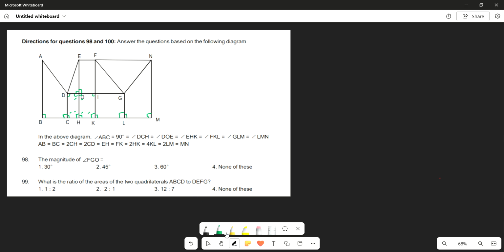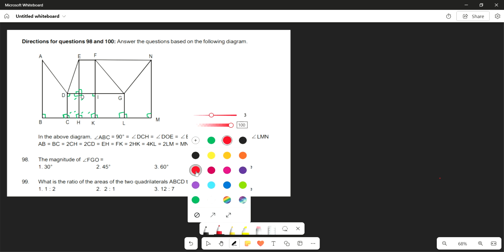Now we are told that BC and AB are equal. BC is equal to 2CH. CH and CD are equal. 2 EH, so basically EH, AB, BC are equal. Then HK, KL, so 4 times KL.